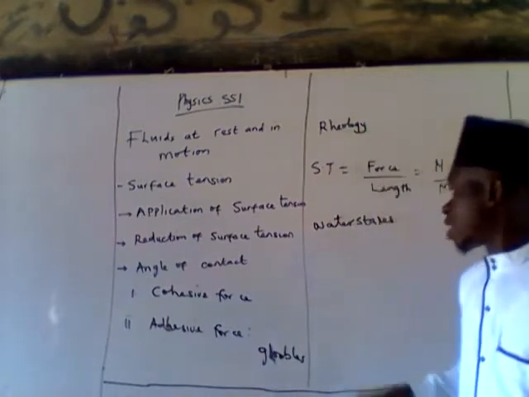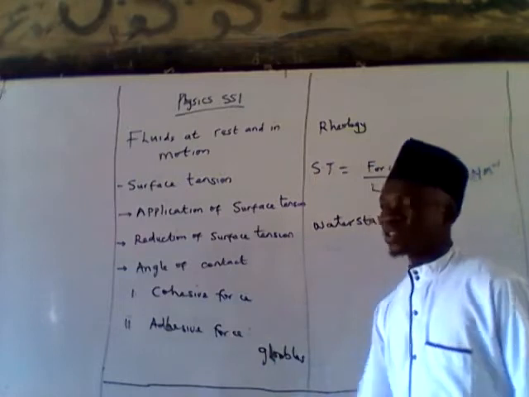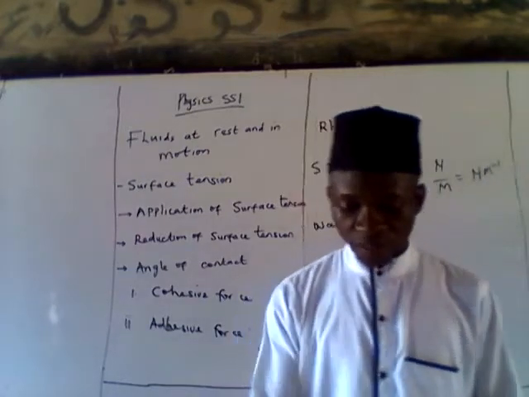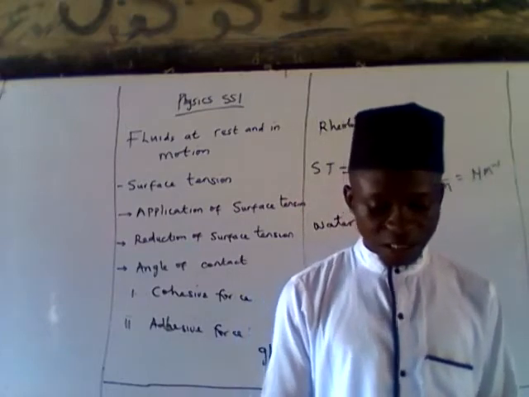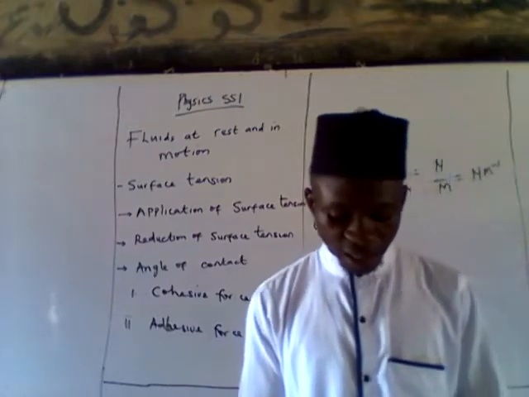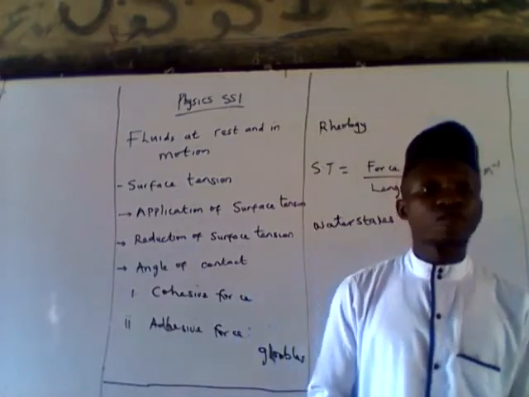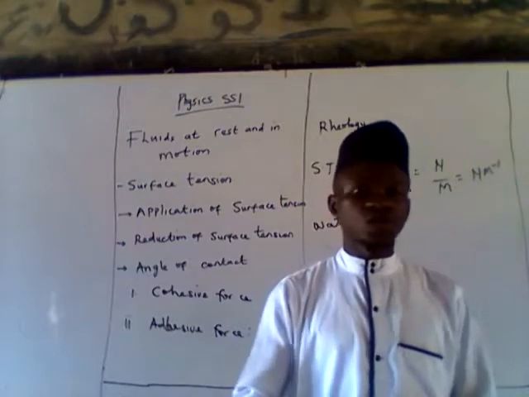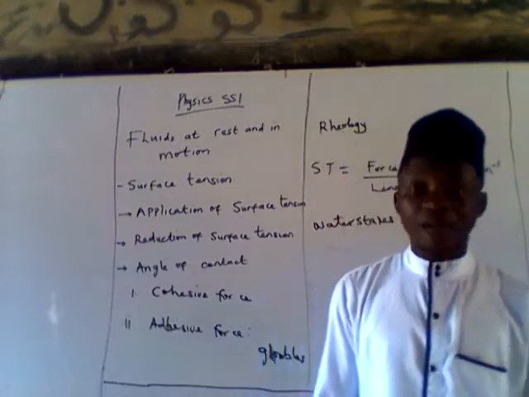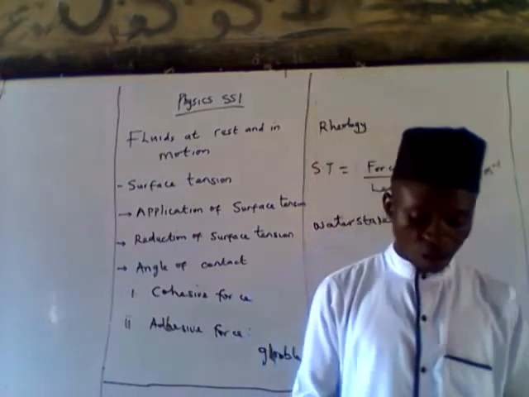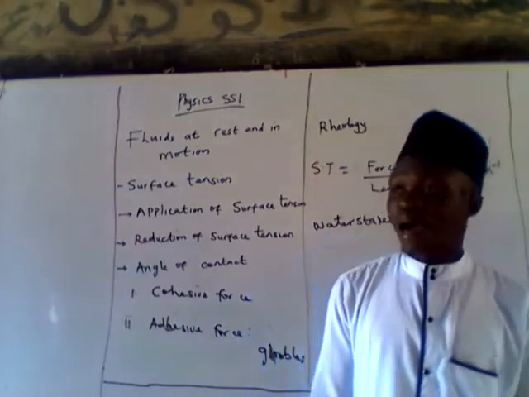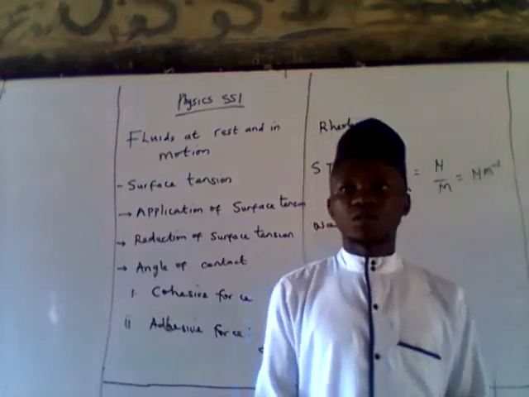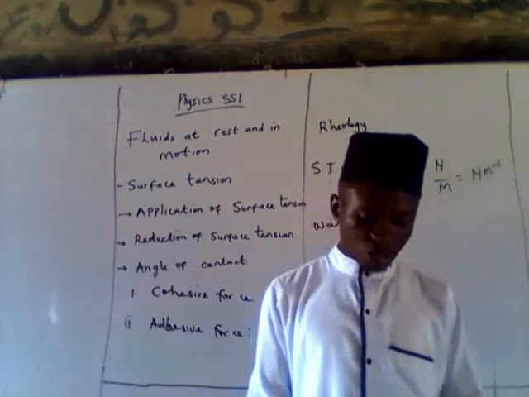And so how can we reduce surface tension? Surface tension can be reduced by some of the following. The first is by boiling the liquid. If you boil the water, gradually the surface tension acting on that surface is going to reduce. Another is by adding detergent or soap. Another is by adding oil; once you add oil, the surface tension of that liquid is going to reduce.